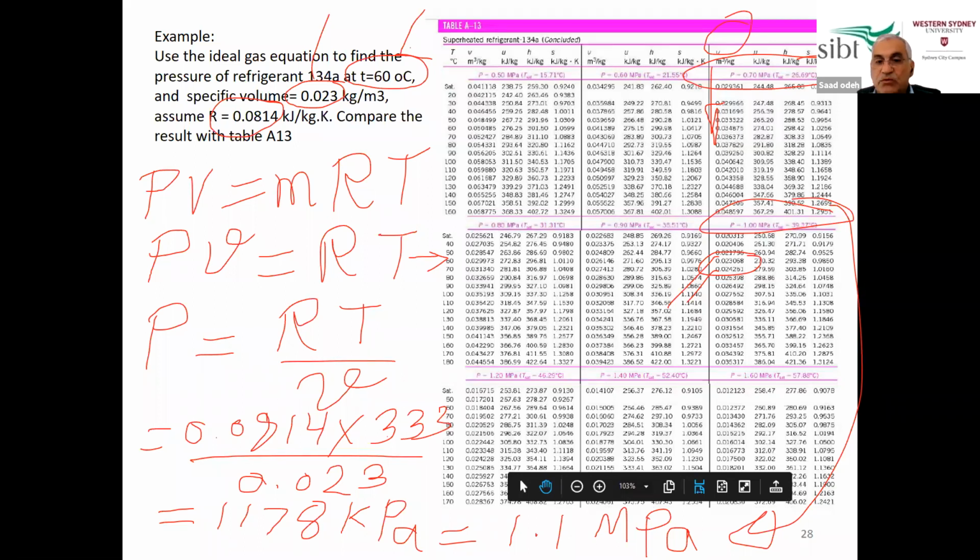You don't have to worry too much about this. The table is more accurate, but if you don't have tables, then you can always refer to the ideal gas equation. Am I clear? Yeah, great.